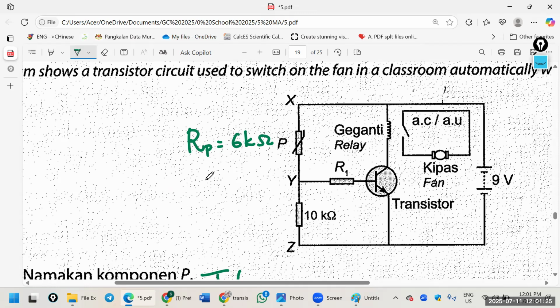So for me, I will write for myself. R2 is 10K ohm. Or you can just name it R1, R2. They write already, but I will rewrite to remind myself.